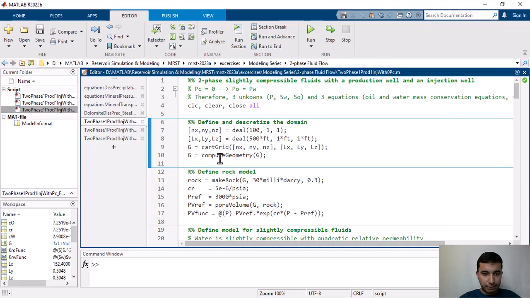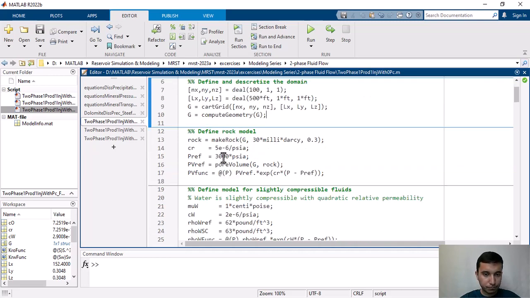Great, and I've used the function computeGeometry in order to receive additional information about the structure that I have, and I'll use those pieces of information in order to model what I want to model.